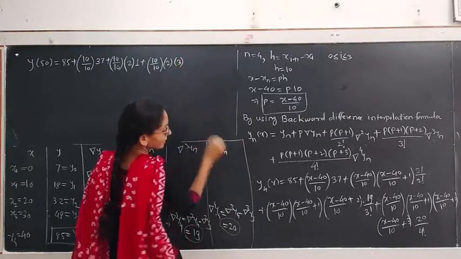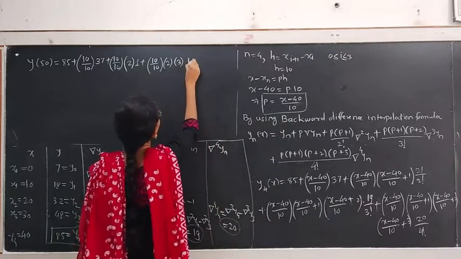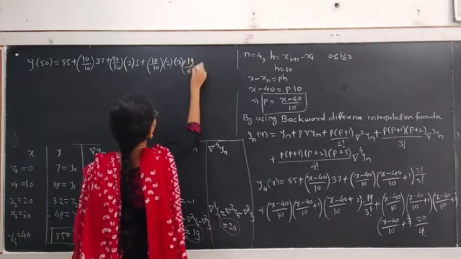into 3, the multiple is same, and 19 upon 3 factorial means 19 upon 6.